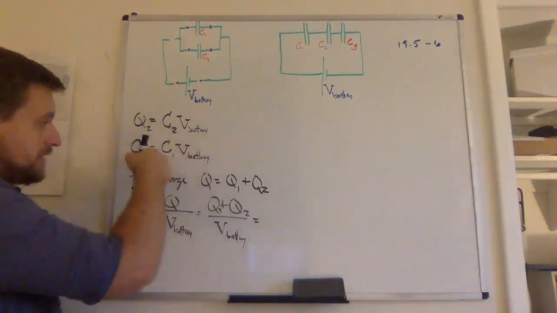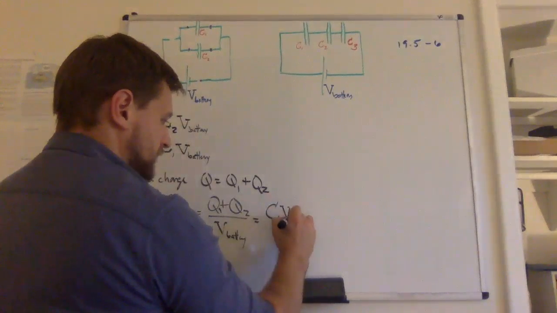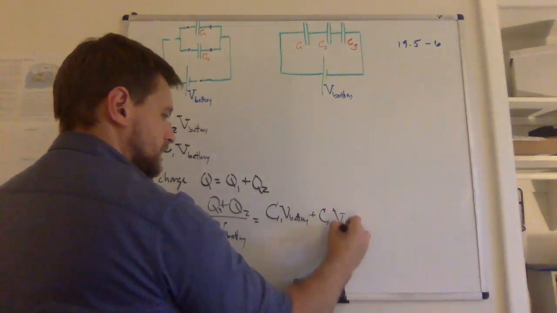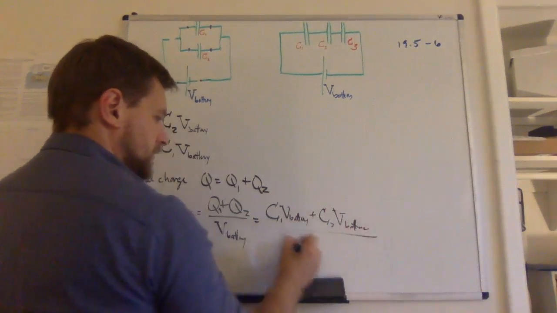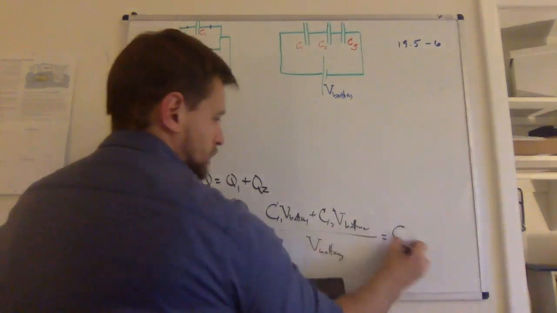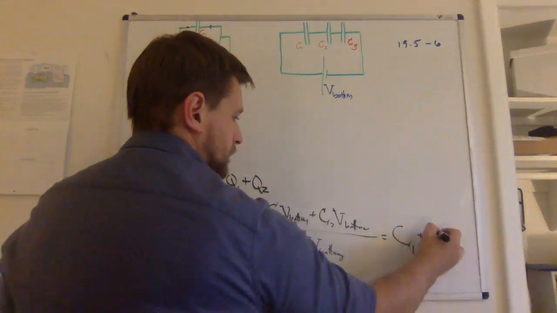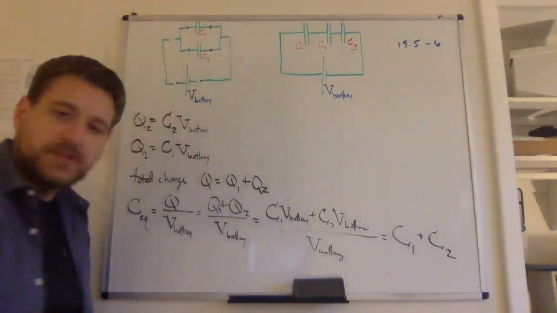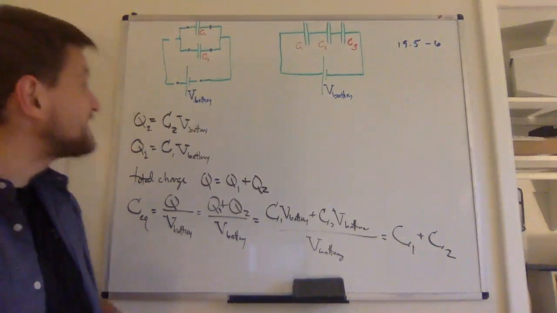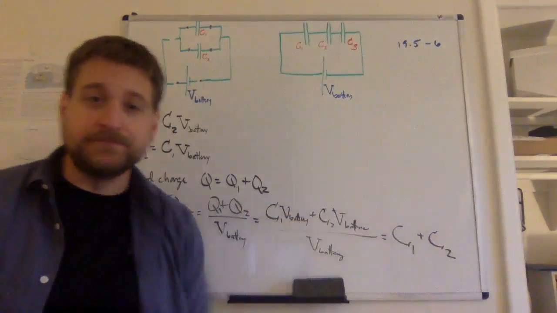Q1 is given by that, Q2 is given by that, C1 V battery plus C2 V battery, all divided by V battery, which gives C1 plus C2. The equivalent capacitance of capacitors in parallel is just the sum.